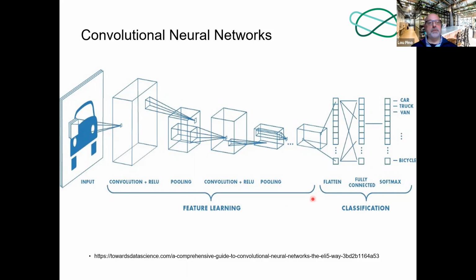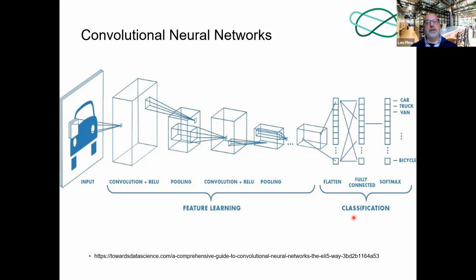Stage one is feature learning, and it spans from here to here. Stage one has two layers of convolutional neural networks, right? Although there are four matrices here, when I talk about a layer, I'm going to combine the convolution layer and the pooling layer into one.